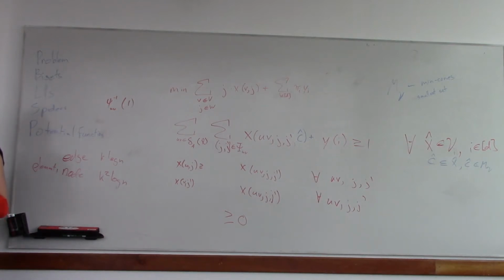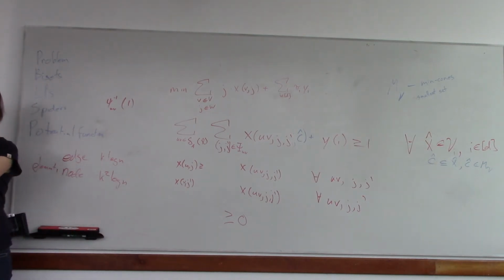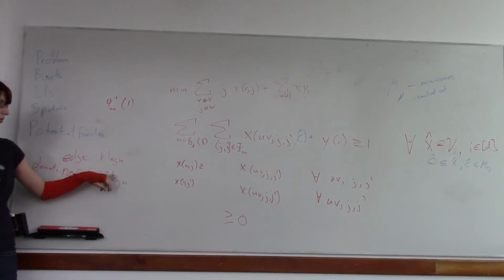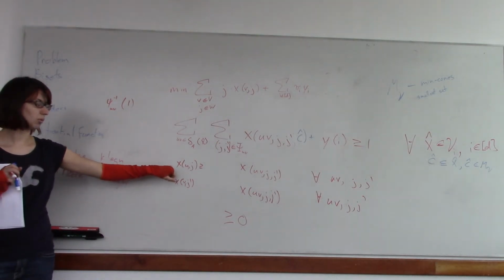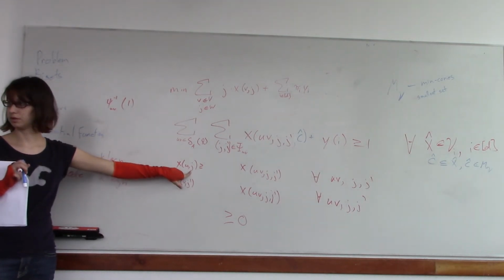So the thing is, in this LP, say you had something that was very similar to a star, and you have M edges. Now let's say I just put weight 1 over M on U getting weight 1.